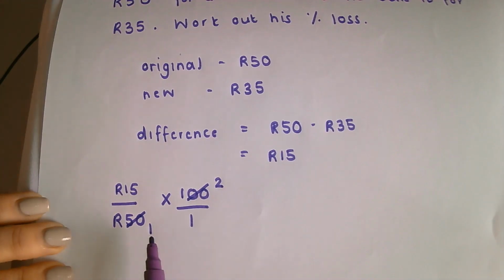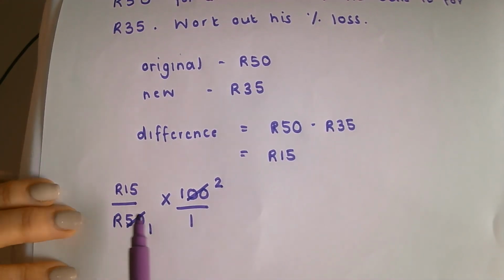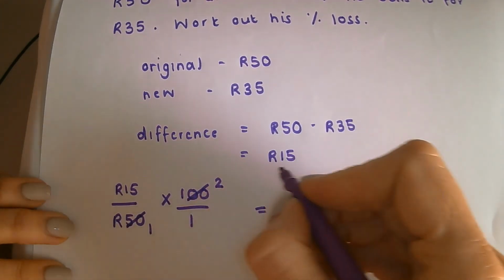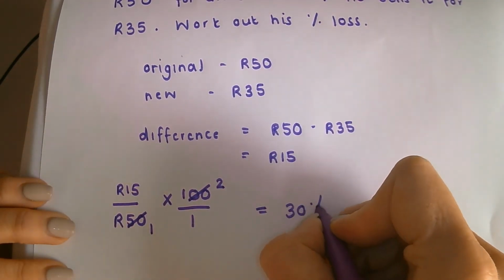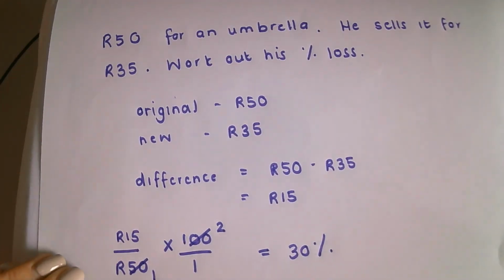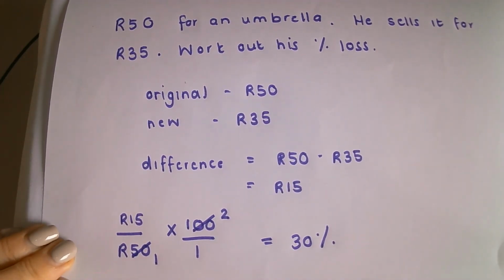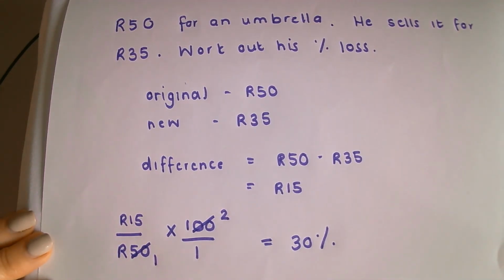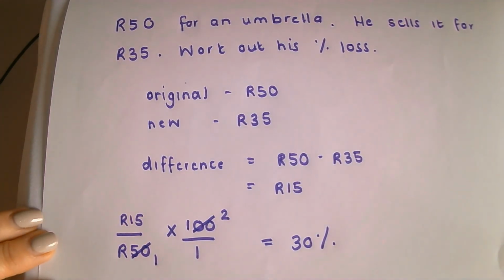Now I don't have anything else to simplify. I can now times top with top, bottom with bottom. 15 times 2 is 30%. So he lost 30% of his money by having to reduce the price down to 35 Rand.